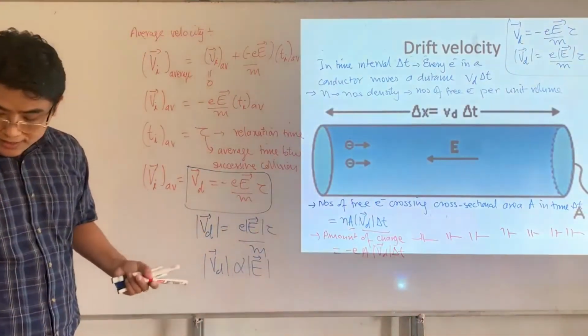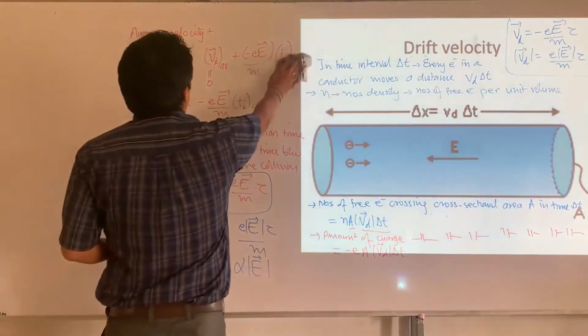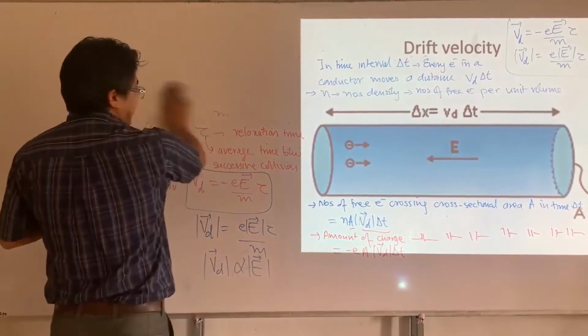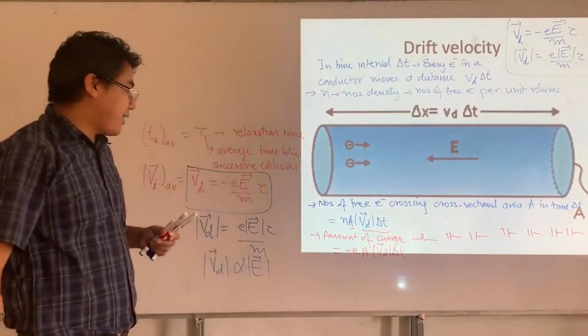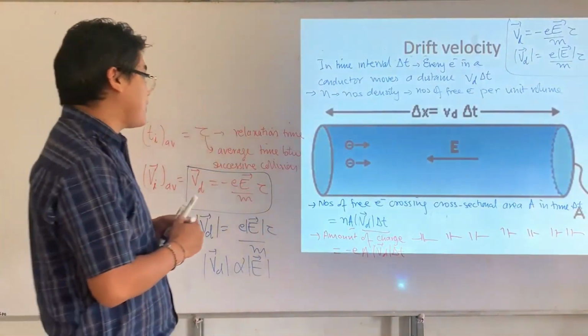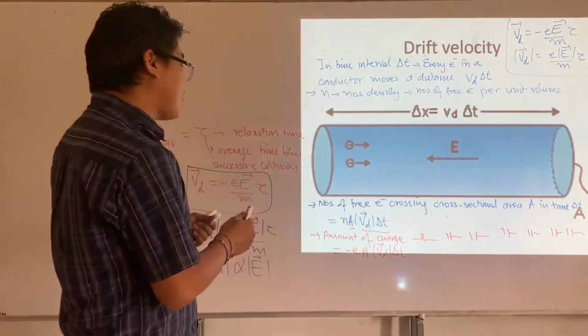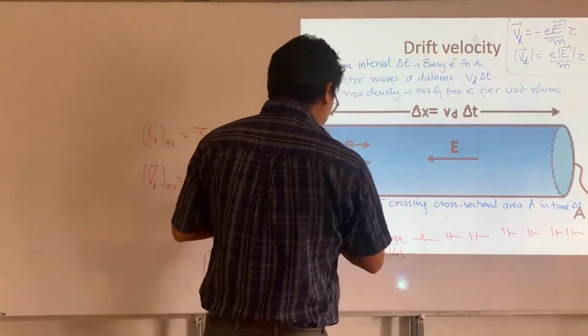This charge is going to be negative charge, because that is an electron. Now look at here. Negative charge goes in the direction opposite to the electric field.